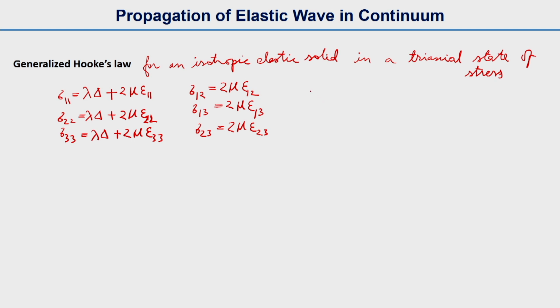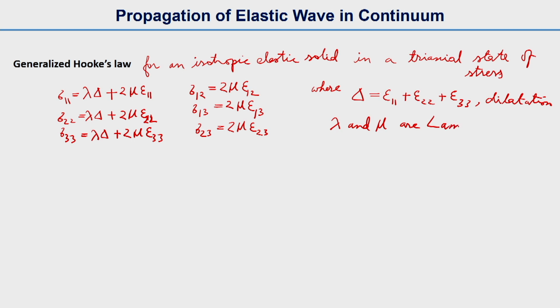So here the delta is nothing but epsilon 1 plus epsilon 2 plus epsilon 3, and it is called the dilatation, and both lambda and mu are Lame's constants.